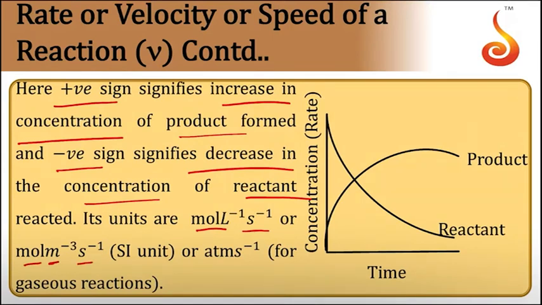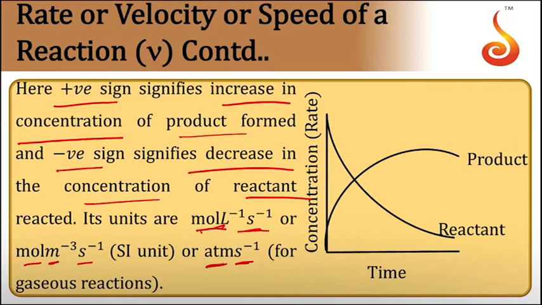If you have gaseous components, you use atmospheres per second. So for aqueous solutions, units are mole per liter per second, and for gaseous components, units are atmospheres per second, used to express the rate of reaction.